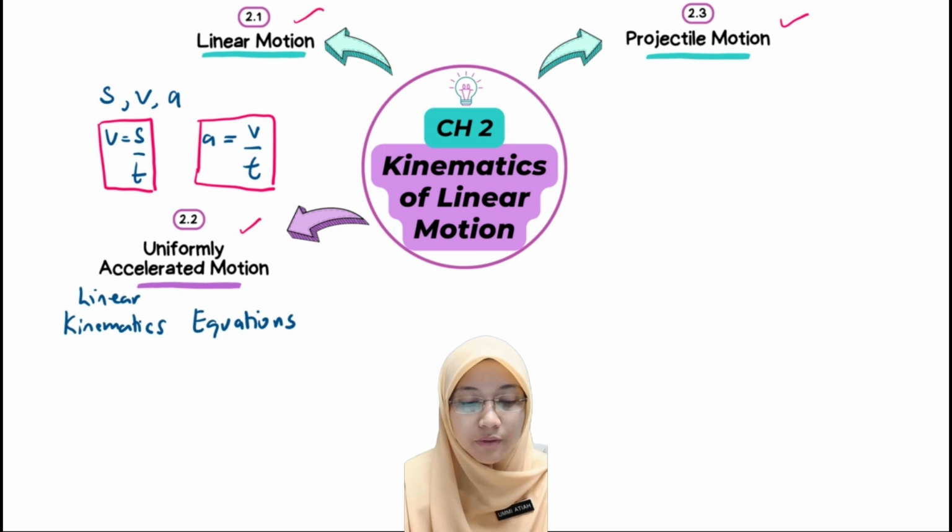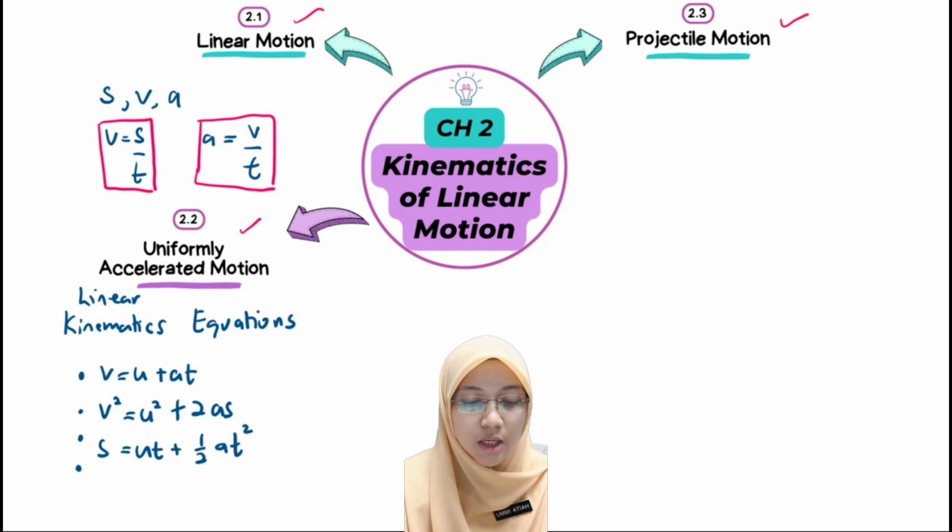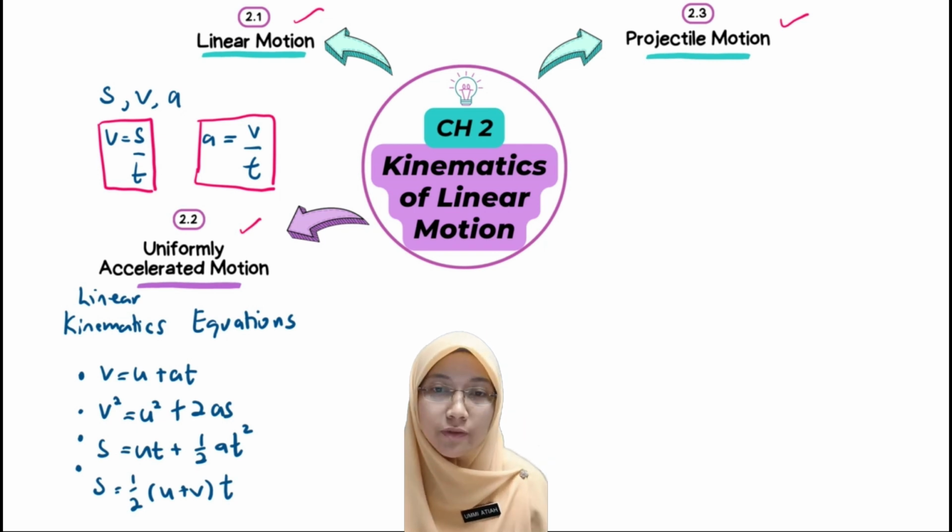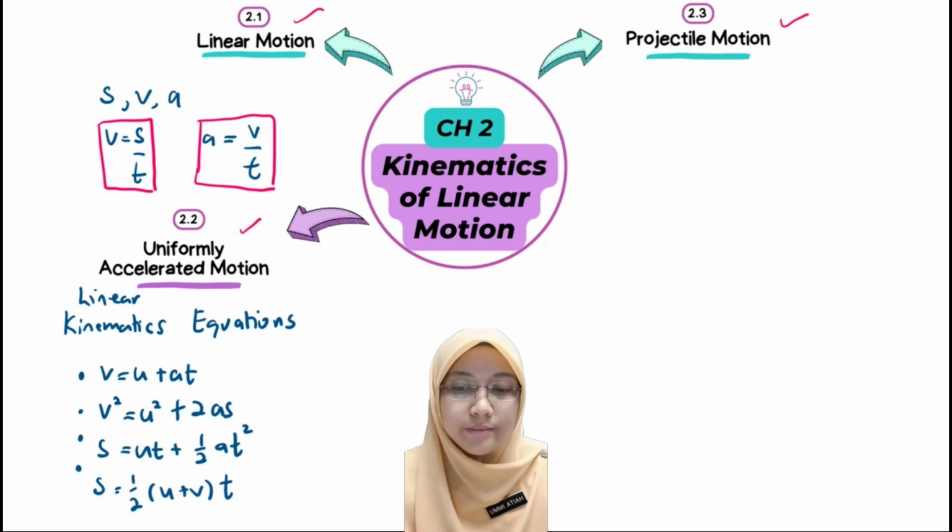We have 4 basic equations for linear motion: v equals u plus at, v squared equals u squared plus 2as, s equals ut plus half at squared, and last one is s equals half (u plus v) times t. So that is uniformly accelerated motion.